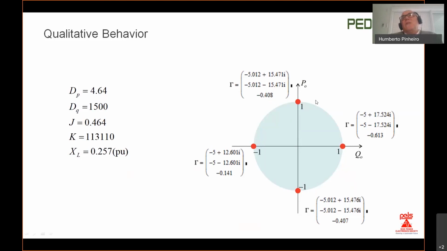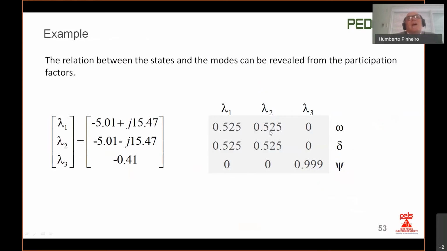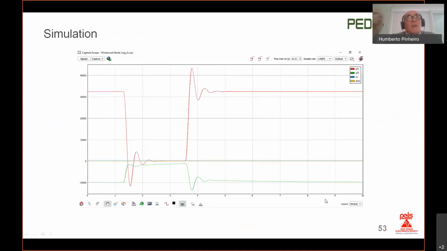Here you have a P, Q plane, and when P is 0 and Q is minus 1, we have one case where the eigenvalue gets closer to the imaginary axis. And then again, we see that the participation factor reveals that the pair of complex eigenvalues are associated with the frequency and the power angle, and the real eigenvalue is associated with the flux.